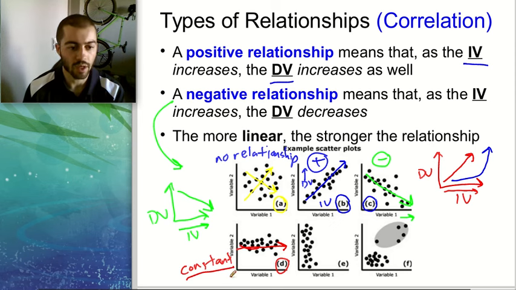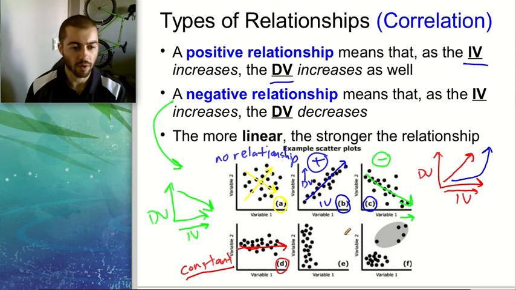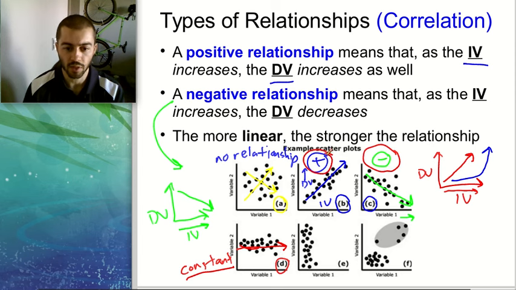So this would be called a constant relationship because the data points are neither increasing nor decreasing as we increase the independent variable. Alright, those are the only ones we're going to focus on here. There are a couple of other examples here, but these are the main types of relationships you need to know. Definitely know positive and negative relationships, but it's also helpful to know if something has no relationship or maybe a constant relationship as well.